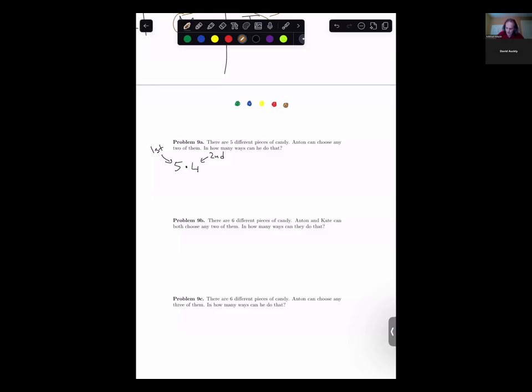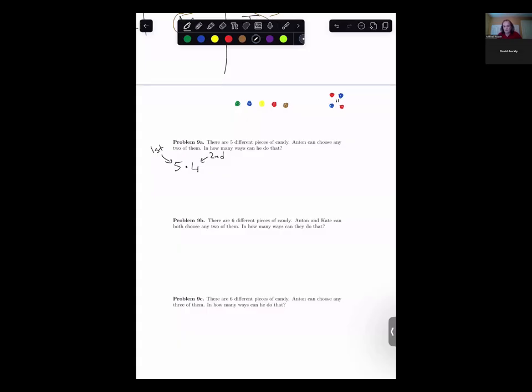Now maybe I pick what? Red and blue, right? So that's one way. But note that if I first picked blue and then red, well, that's the same thing, all right?